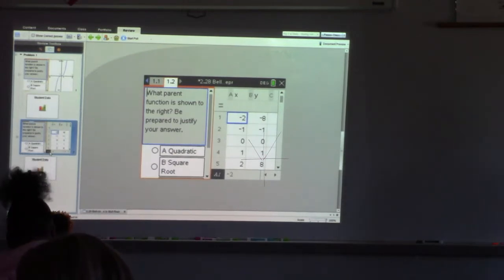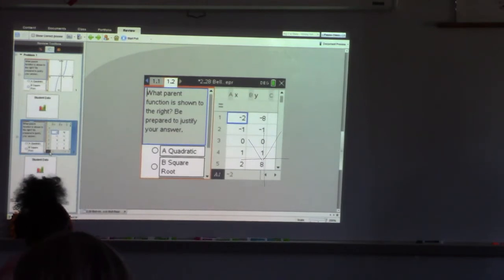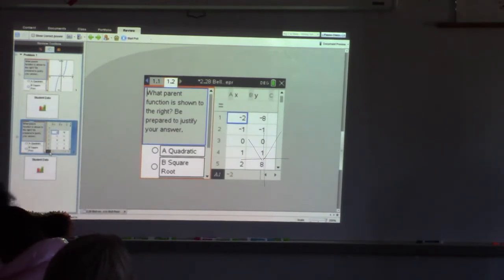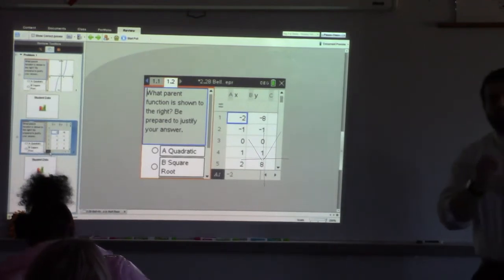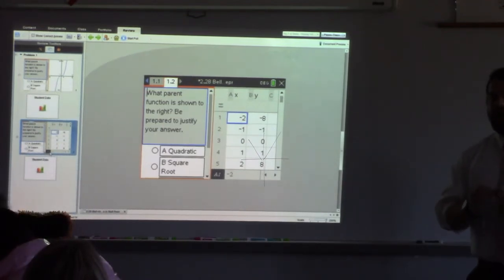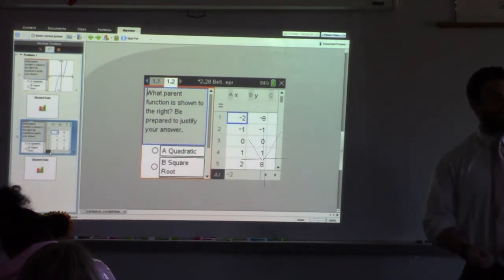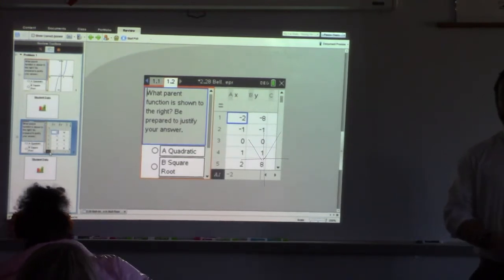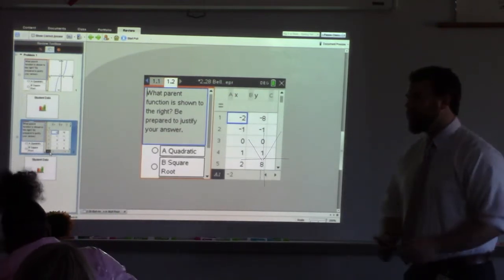Hey guys, if you recognize the shape really easily in a graph, could you have graphed these points? Yes. And I bring this up because I want you to understand that identifying the parent functions does not have to be hard. An easy step, if you have a table, is to graph it. Please make that note on your parent function sheet somewhere that if you have a table, you can easily graph it.